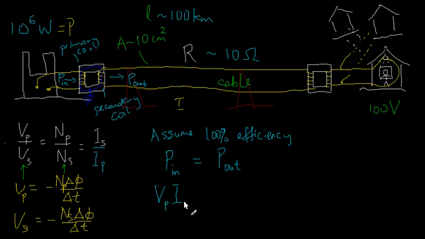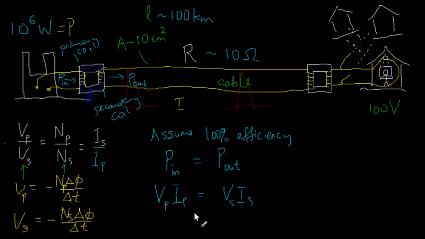So it's Vp times Ip. For the output power, we can again use the formula VI. This time, voltage is the secondary voltage, Vs, and current is the secondary current, which I call Is. And so they are equal.